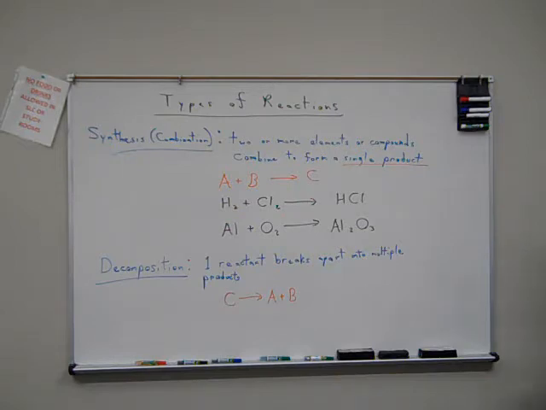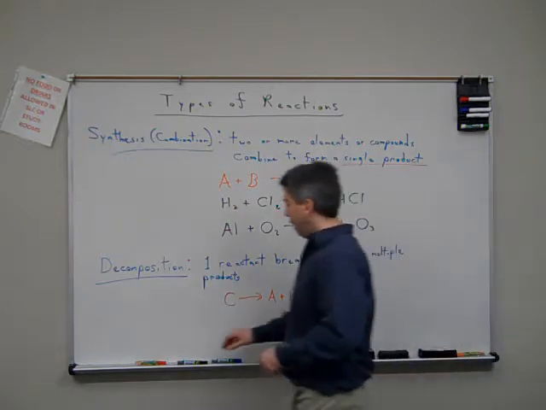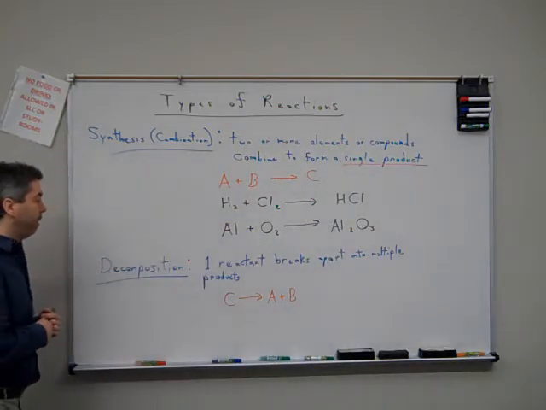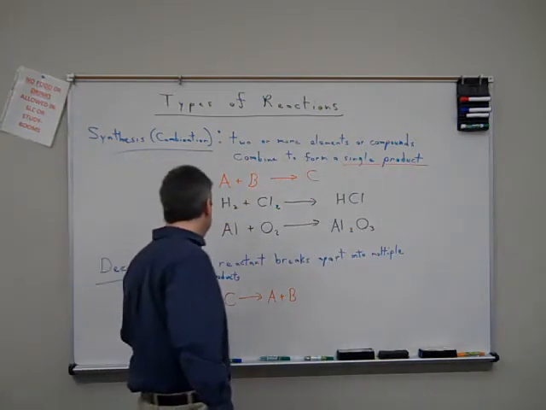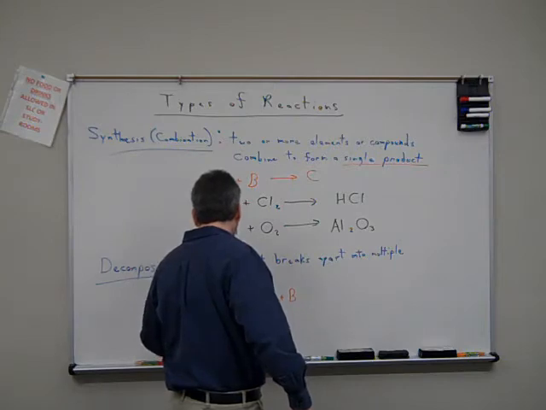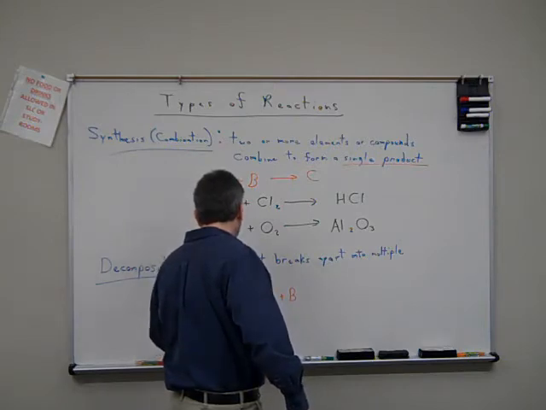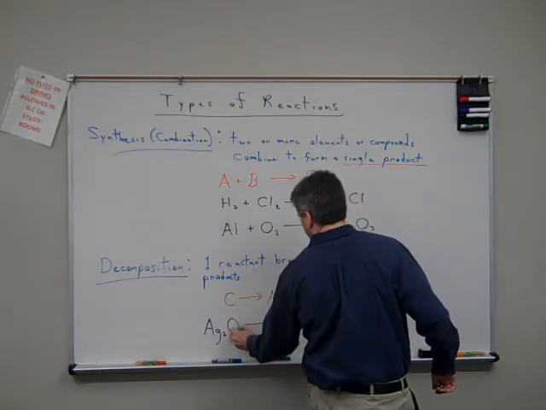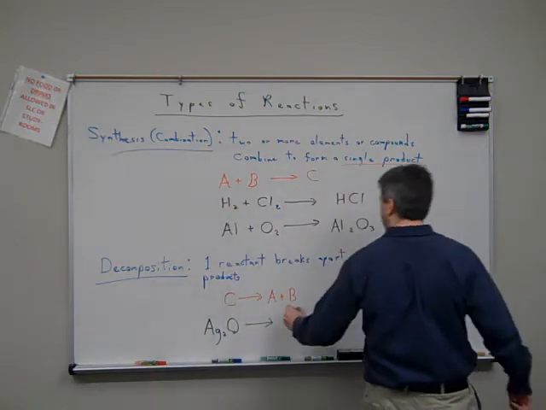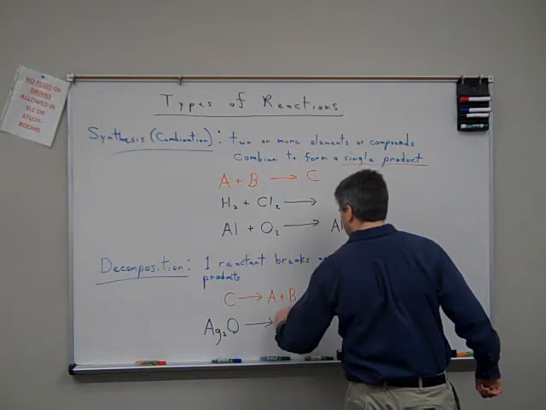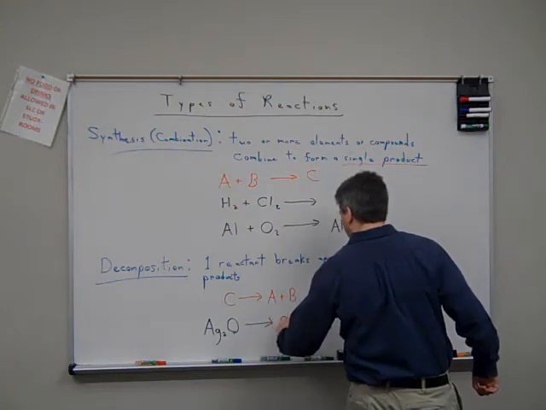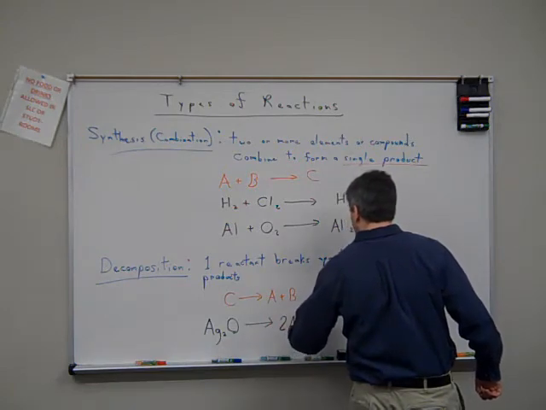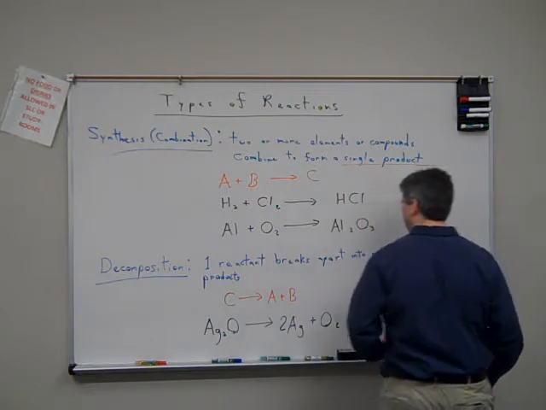A good example would be an unstable oxide, such as silver oxide, Ag2O. If you heat silver oxide up, it's pretty unstable. It will break apart into silver metal and oxygen gas.